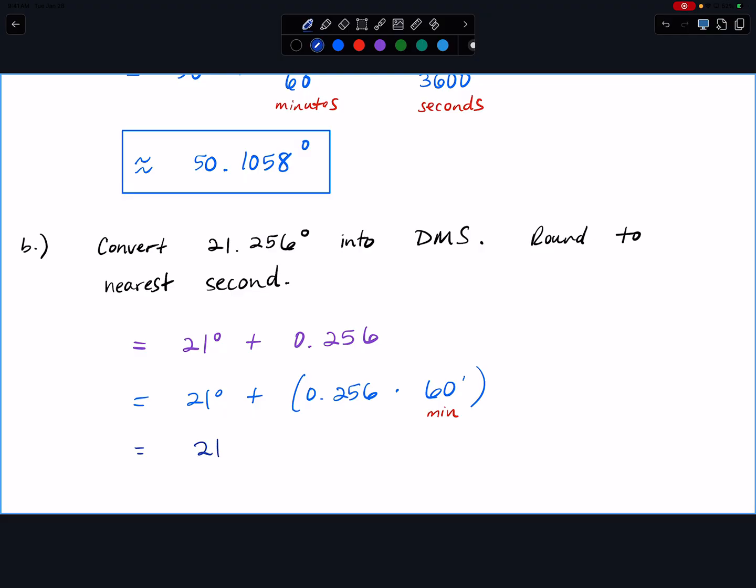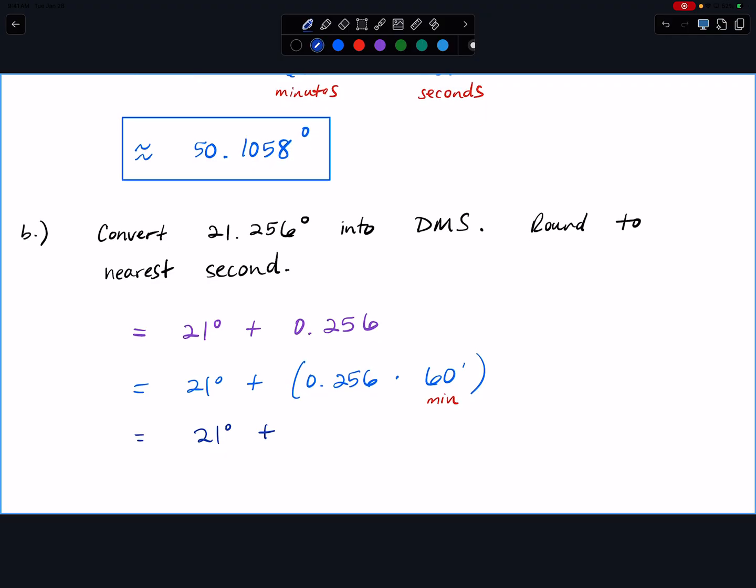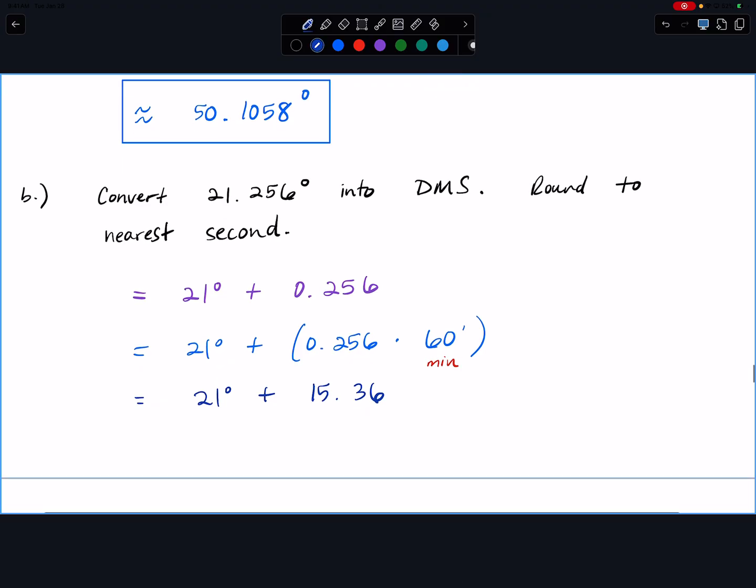So this equals 21 degrees plus, what is that number times 60? 15.36, okay? So the way that we represent this is 21 degrees plus, now that we have another number before the decimal place, this represents the number of minutes, okay? This represents the number of what then?